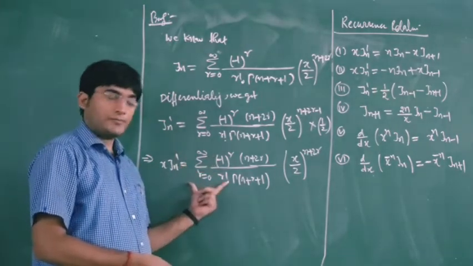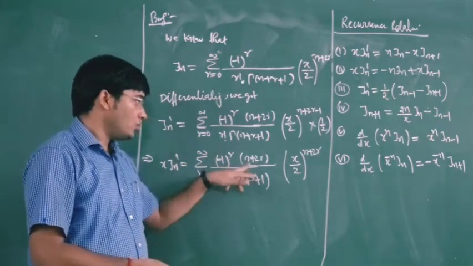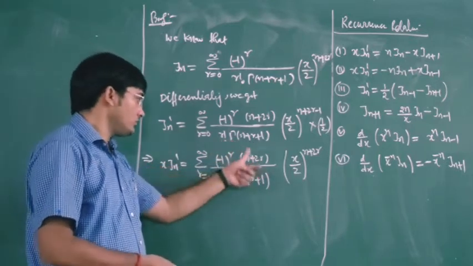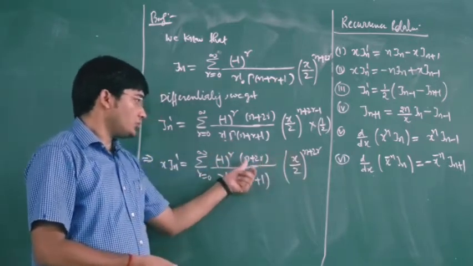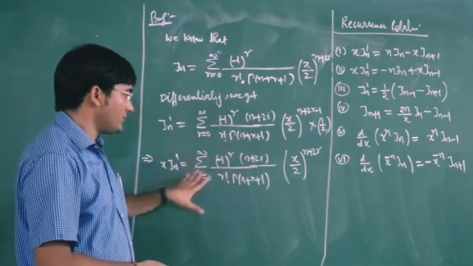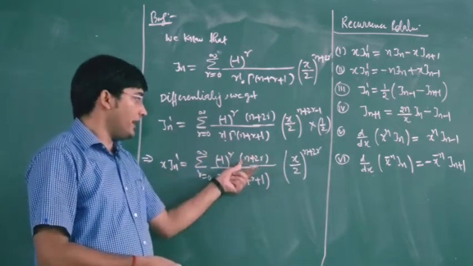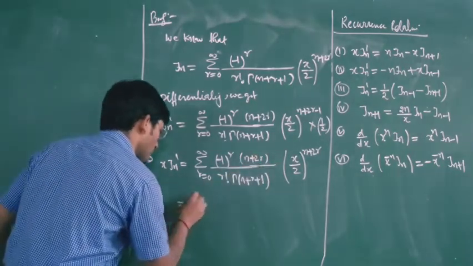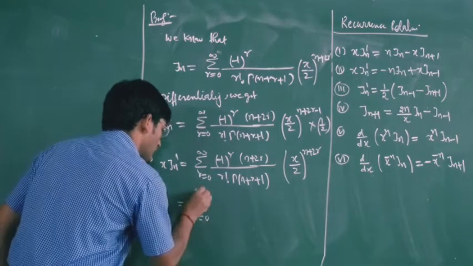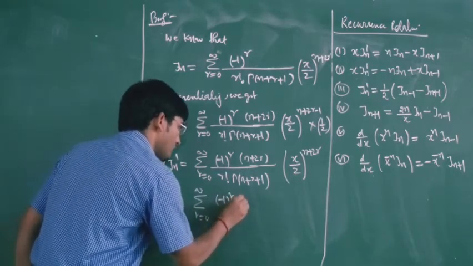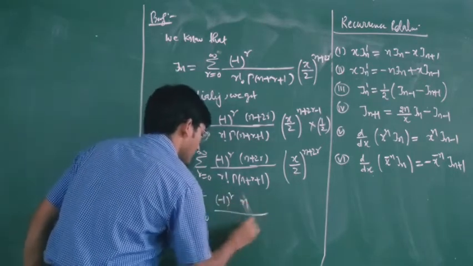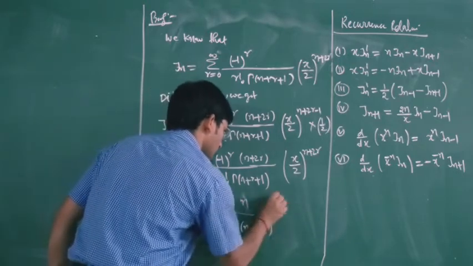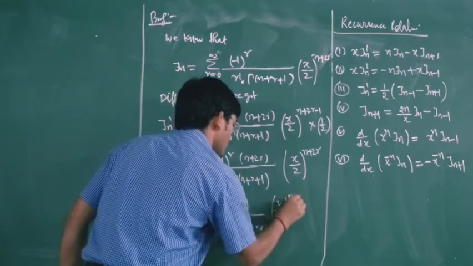Now let us break this summation in two parts. One is n into the rest of the terms, then 2r into the remaining terms. So the n times, say this whole summation is A. The first term will be A into n and the second term will be 2r into A. So we can write this as summation r equal to 0 to infinity (-1)^r n / (r! Γ(n+r+1)) times (x/2)^(n+2r).